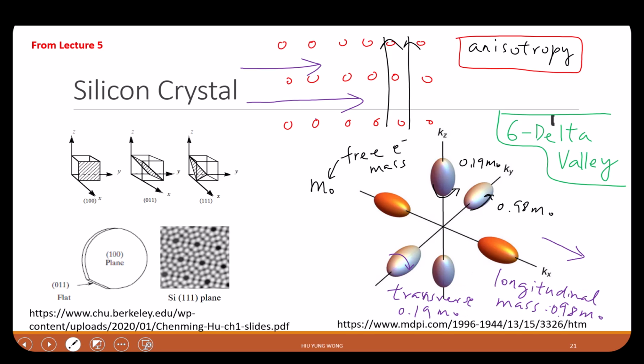On the other hand, if you are transporting in another direction, let's say Z or Y for this one, then you have 0.19. Similarly for this one, when you transport in x direction, because the curvature in this direction is high, you have 0.19 effective mass. Okay? So the message is that you have 2 different types of effective mass, 0.19 and 0.98, in different directions. Just remember this, that is enough.